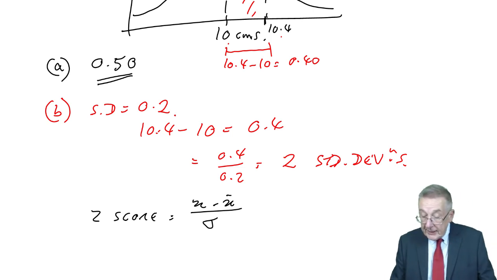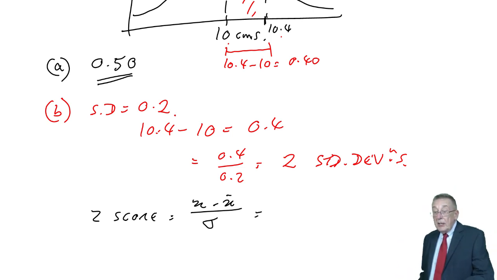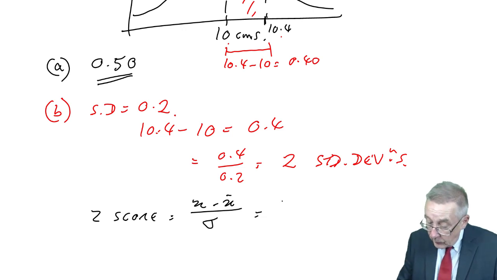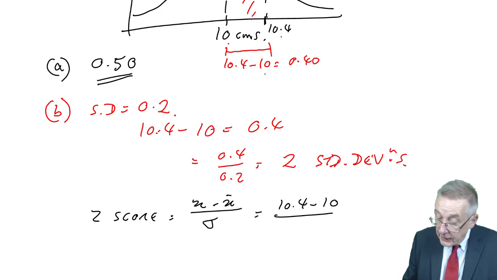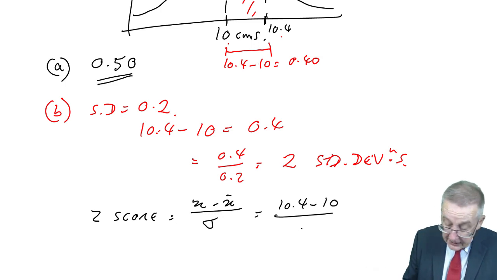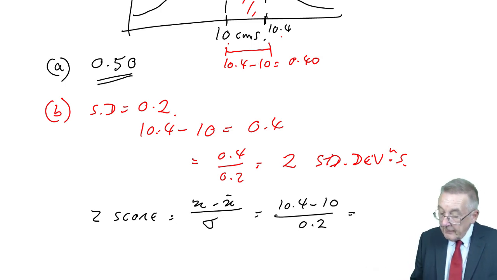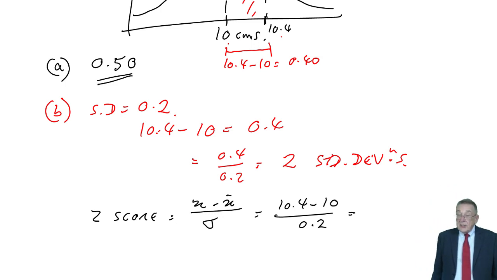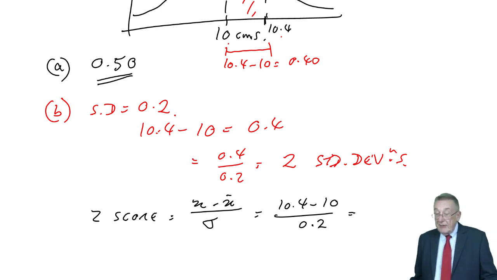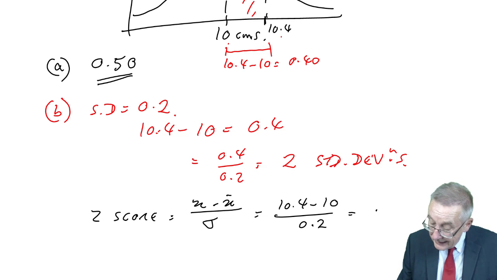So again, although I've already written it down, we're looking at 10.4 as against a mean of 10. Standard deviation of 0.2. And so the distance is 0.4 away, divide by the deviation, it's 2 standard deviations.